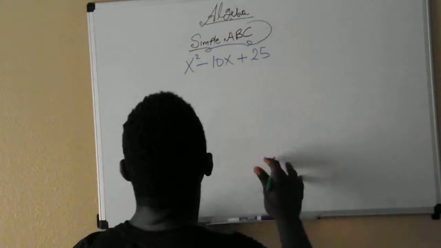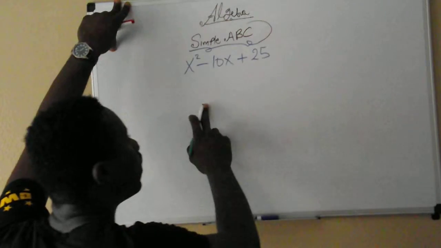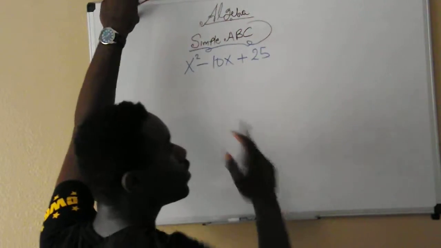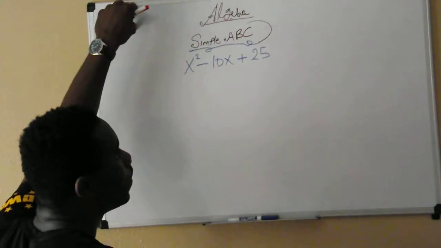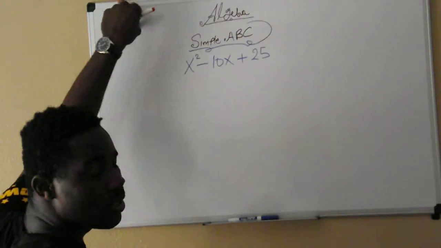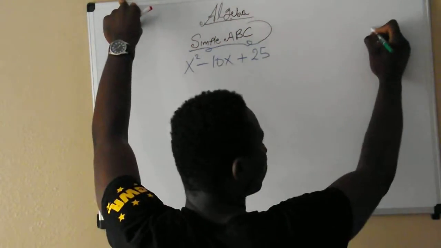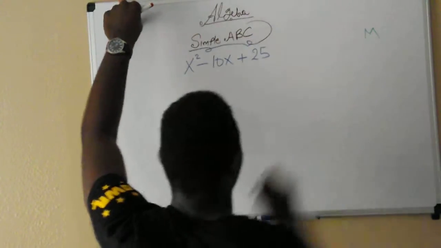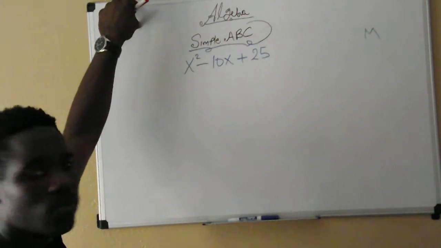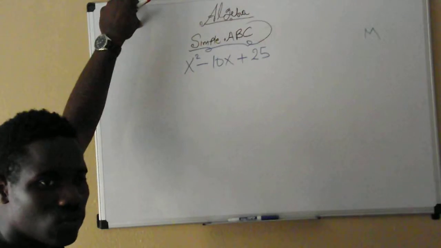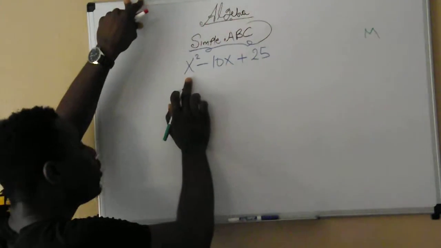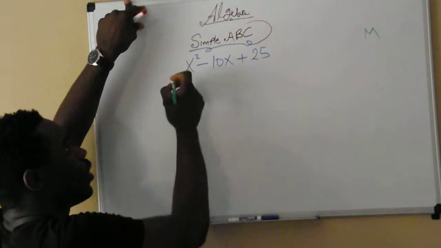Okay, so we begin. The first step to do a simple ABC is to multiply. Some people ask, why are we multiplying? Why not just do numbers? A variable standing by itself has a constant of 1.